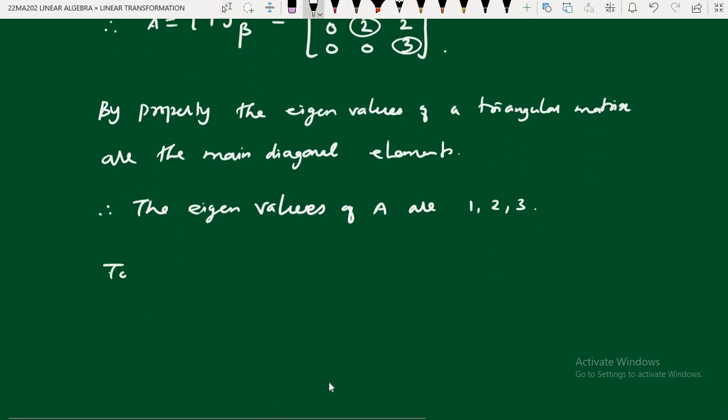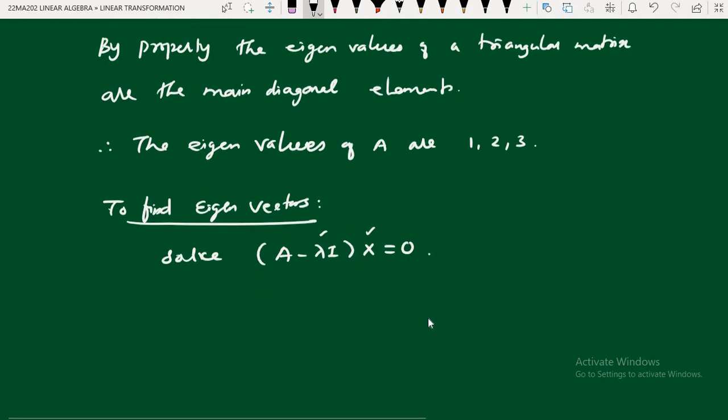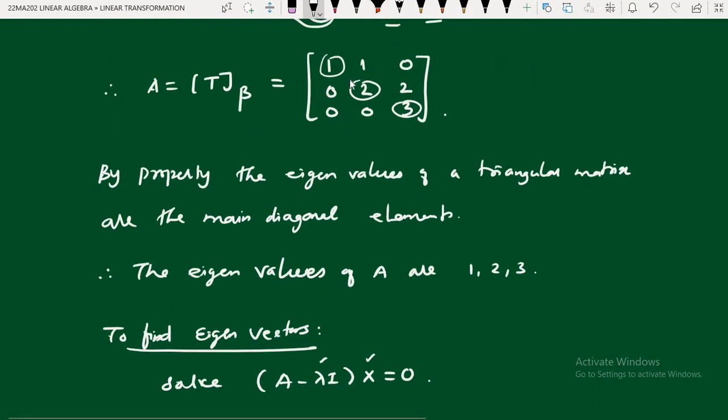To find eigenvectors we need to solve one equation: A minus lambda I into x equal to 0. Here lambda is the eigenvalue and x is the eigenvector. This eigenvector only we are going to find. Here A minus lambda I is simply A with lambda subtracted from the diagonal.